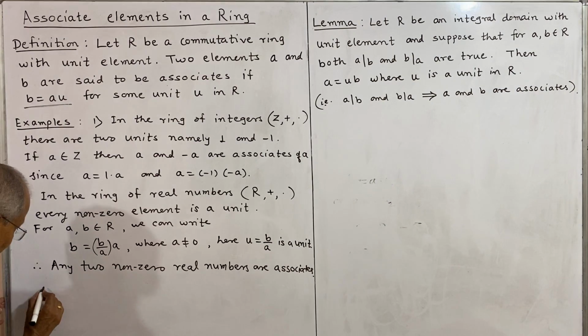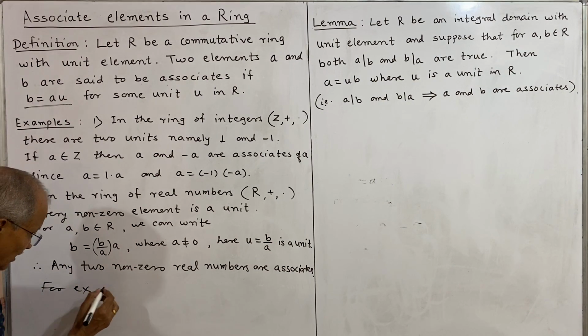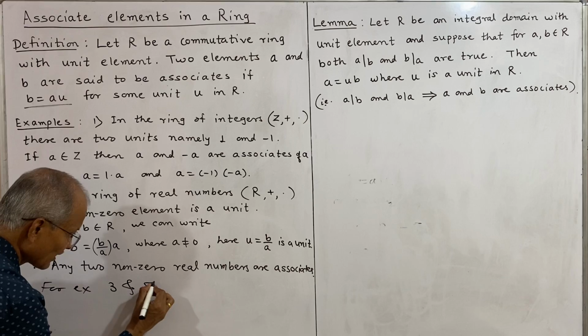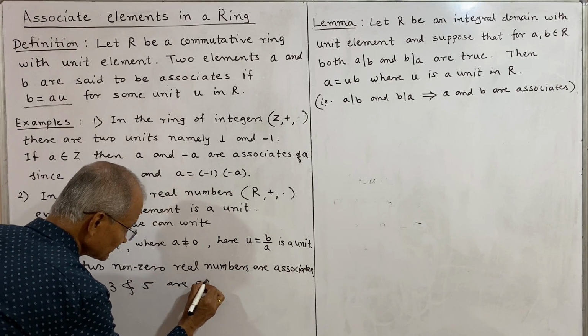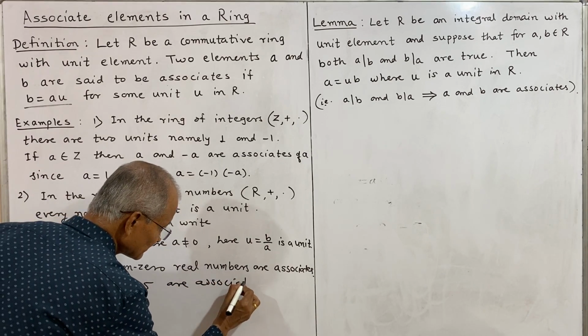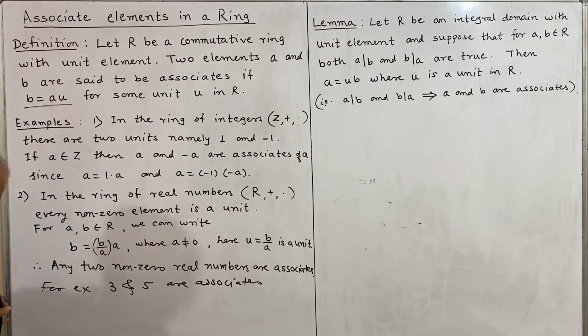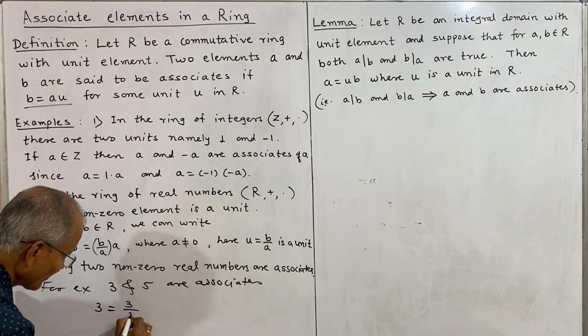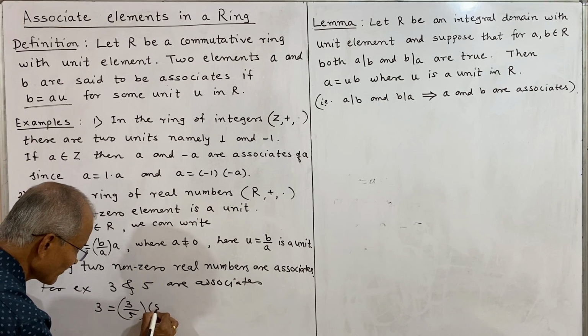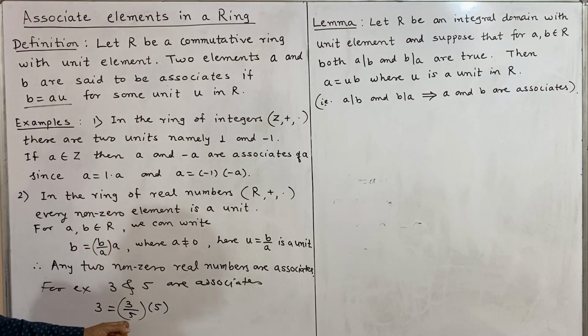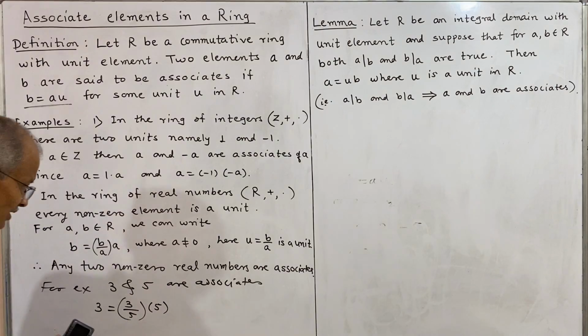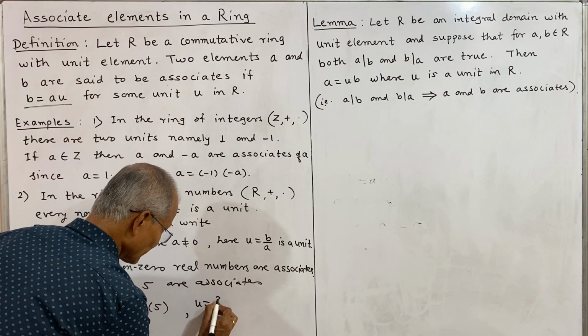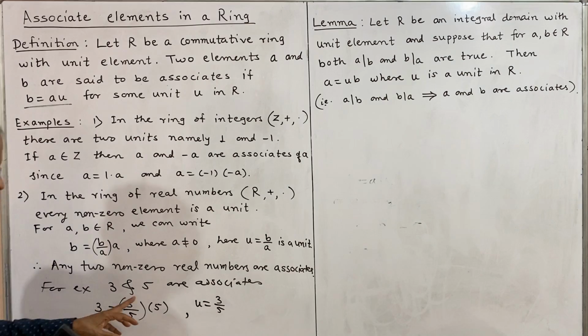For example, 3 and 5 are associates, because we can write 3 as 3 upon 5 into 5, where this U is 3 by 5. 3 by 5 is a non-zero real number and it is a unit. So here U is 3 by 5, and therefore 3 and 5 are associates.